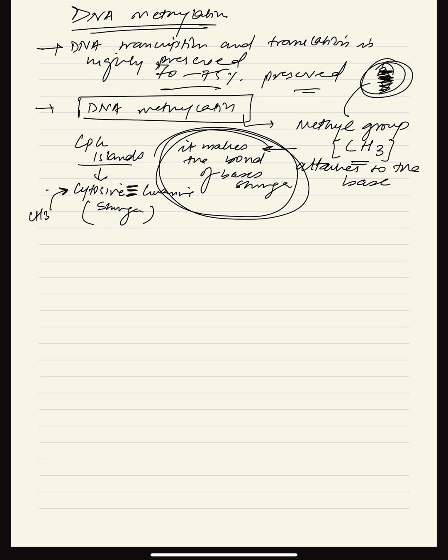And when it attaches to the cytosine structure, it makes this bond stronger. So all the areas where there are CpG islands, okay, CG, DNA methylation is basically preserving those areas, right? Most of it will be preserved, and there will be a methylated DNA, thus preventing it from transcription.